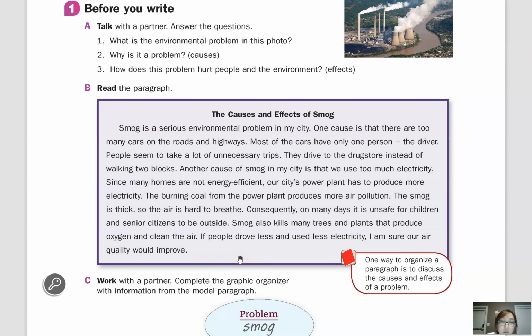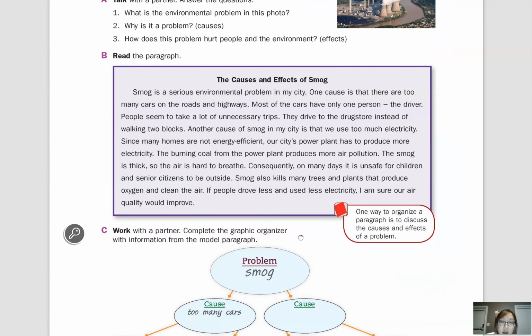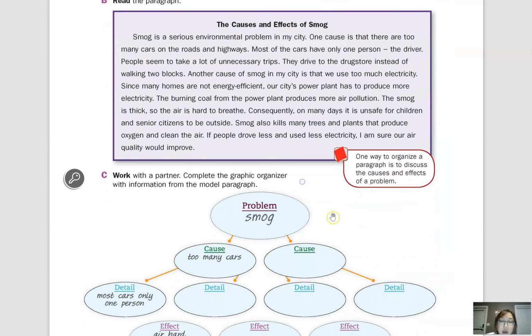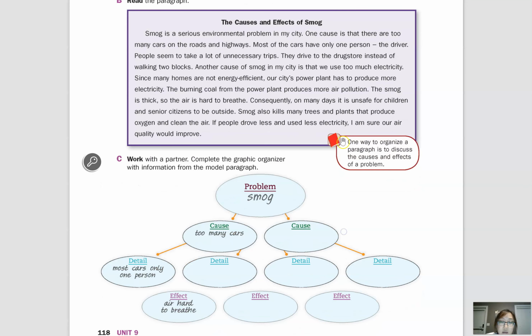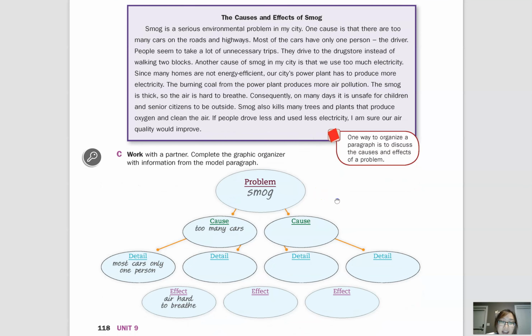If you need more time to look over the paragraph, you can pause the video and read it again, and then complete lesson C. So if you look at lesson C, it says complete the graphic organizer with information from the model paragraph.